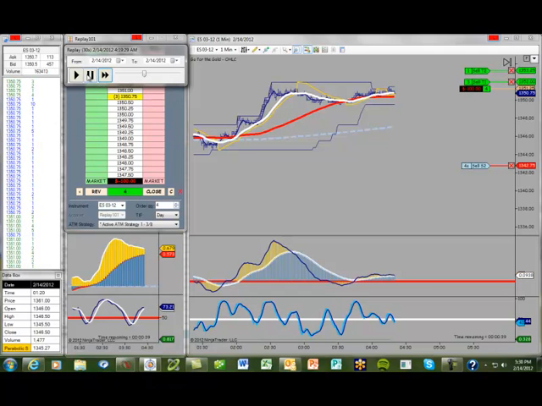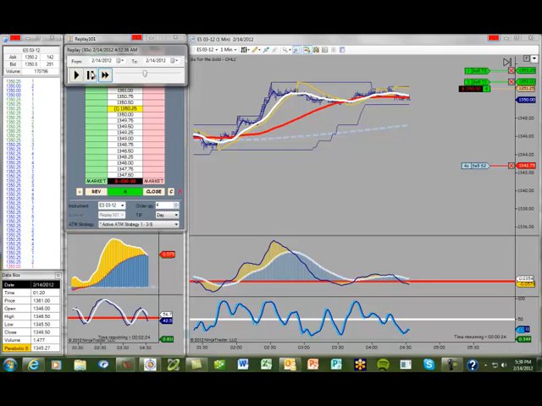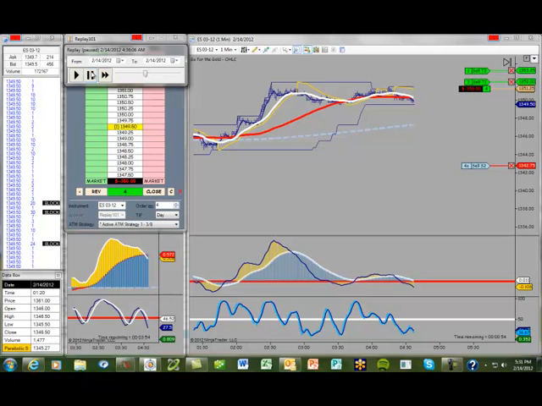Things are wavering a bit. Okay, it looks like we've barked up the wrong tree and we got off onto a bad start, so we've got a bearish crossover now on both MACDs and stochastics, and the white moving average has crossed the red.